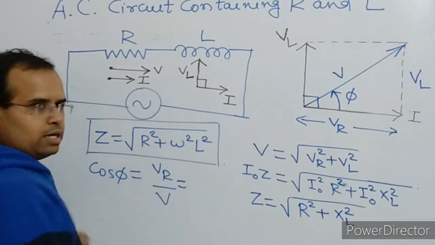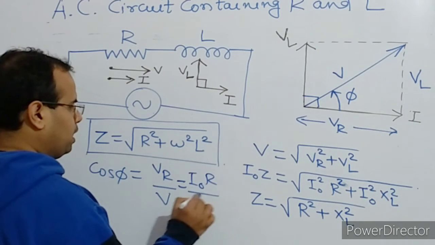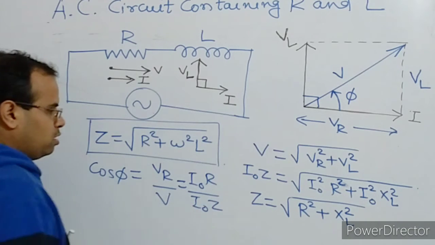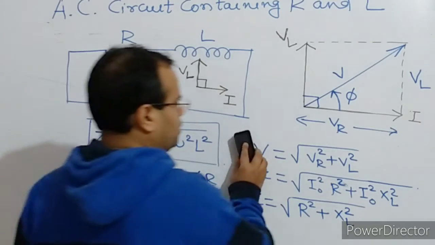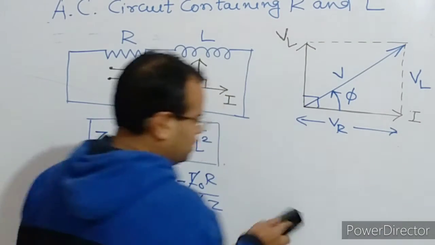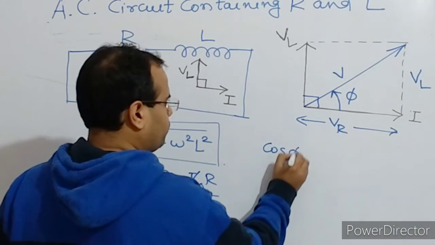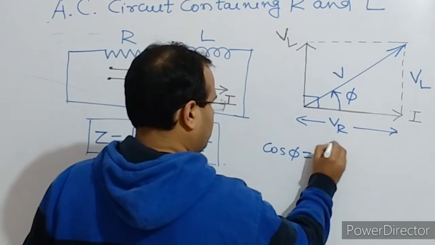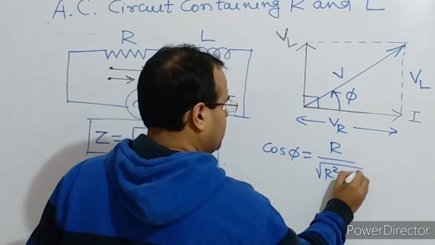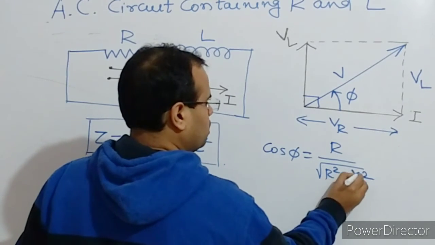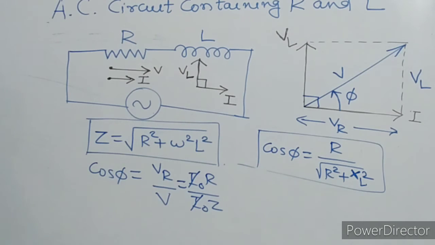VR can be written as I naught times R divided by I naught times Z. I naught cancels, so cos phi equals R by Z, and we know Z, we just wrote it, so cos phi is equal to R upon the square root of R squared plus XL squared. So this is how you can write cos phi.